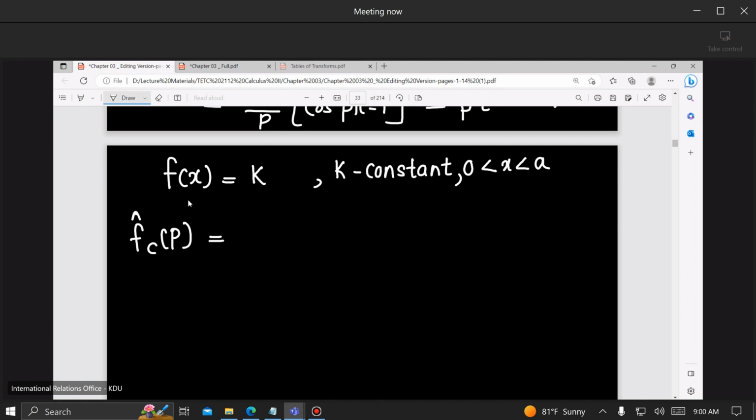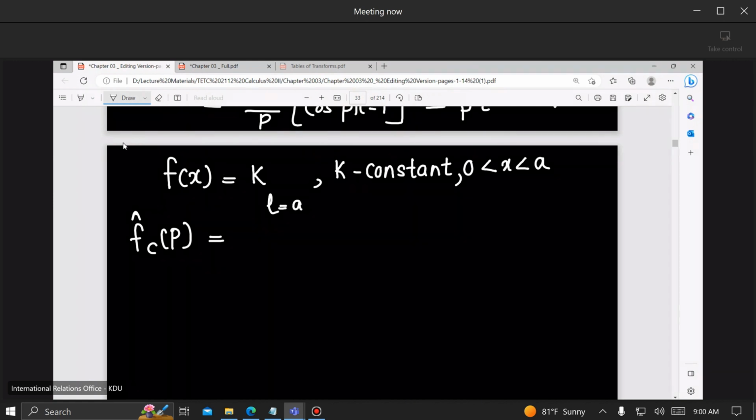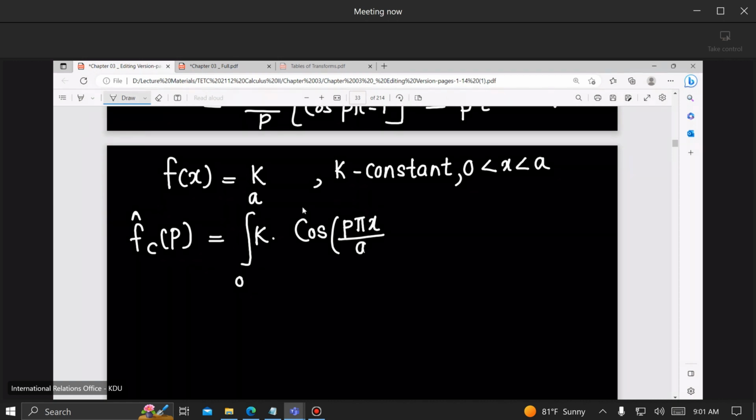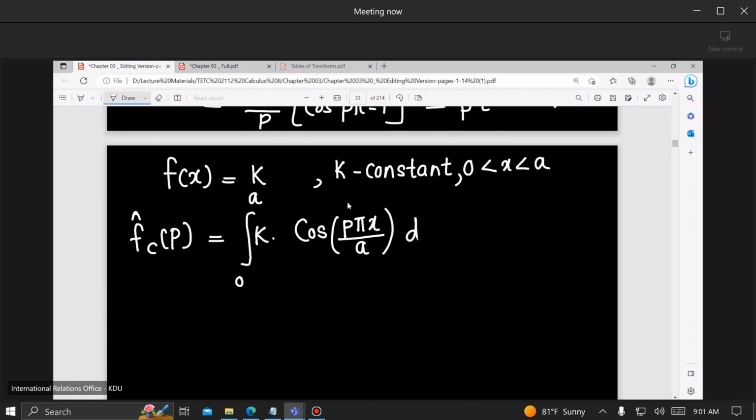How to find this? Here the value of L is equal to A and our f of x is equal to k. So we can write the expression: integration from 0 to A of k times cosine of p phi x over A dx.